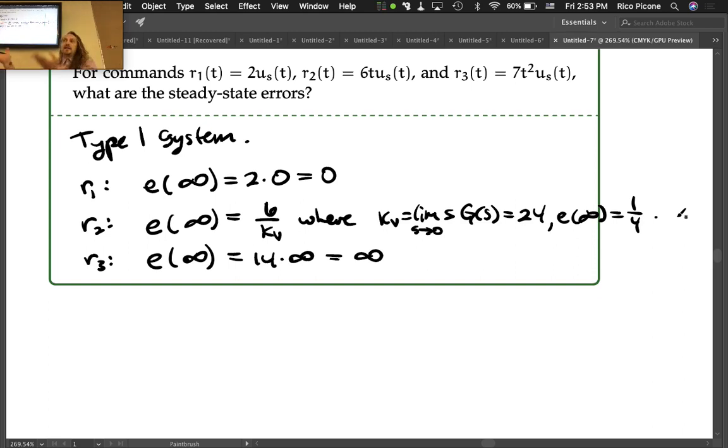Or if you did it in degrees, your error would be in degrees. So it's whatever units you're using for your output. If you're measuring it in whatever unit, then that's the unit that the error shows up in.